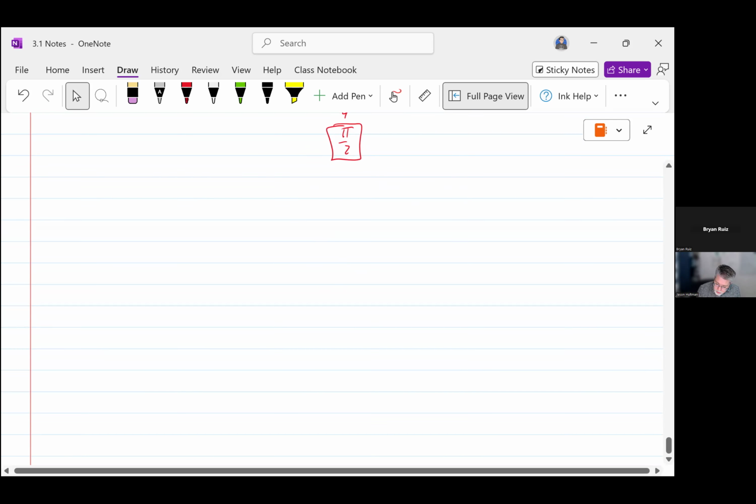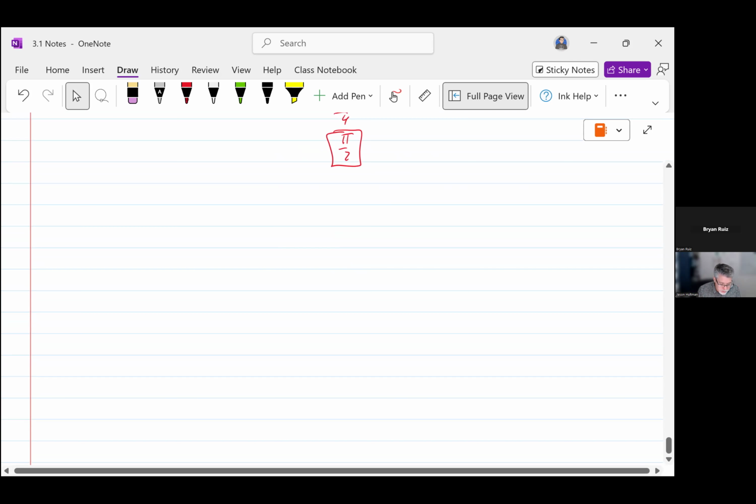Okay, let's look at the rules for tangent and secant.